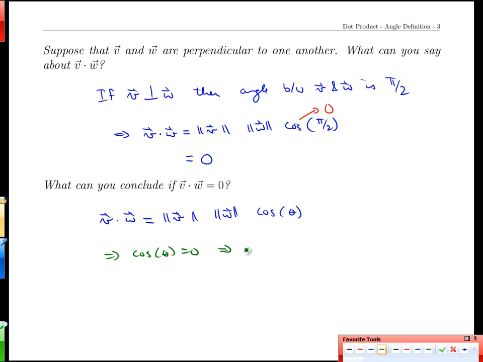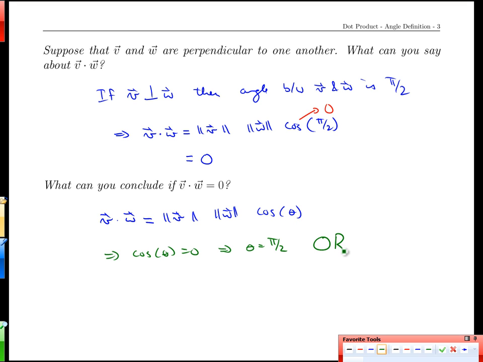And the way that's going to work is that the angle is going to equal pi over 2. And again, if we're measuring angles with respect to each other, we take the smallest one. It'll never be any higher number than pi over 2. And, well, this is fantastic. Oh, wait, but that's not the only possibility. If we take a look at this expression here, is there any other choice?